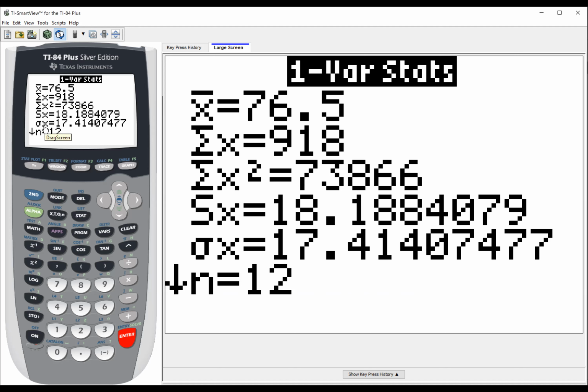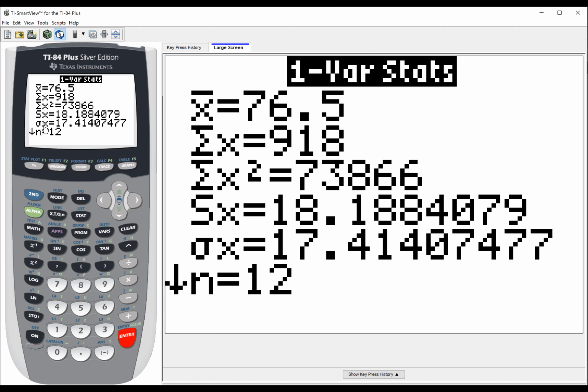Now, I do want to point out, notice that it only gives you X bar. It doesn't say mu, because X bar and mu use the same formula. It's just different symbols. So the calculator is always assuming that you're using sample data and that you're calculating X bar.